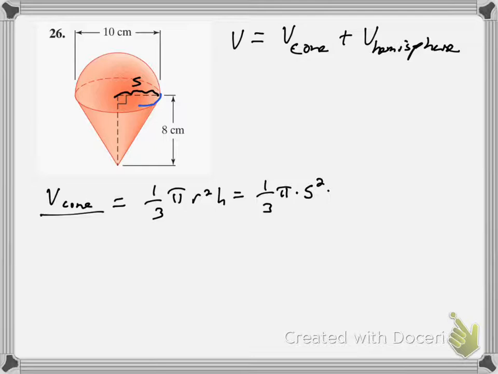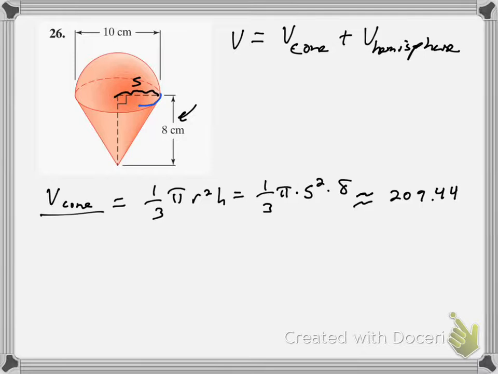And the height of the cone is right there, it's 8. So what does that give me? In the calculator, pi times 5 squared, which is 25, times 8, and then divided by 3 or multiplied by 1/3, same thing. I get 209.44.